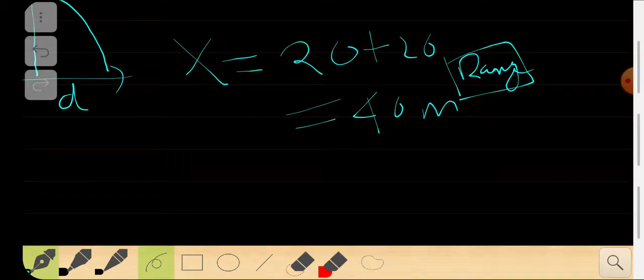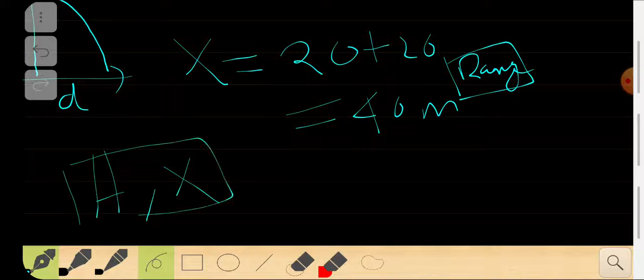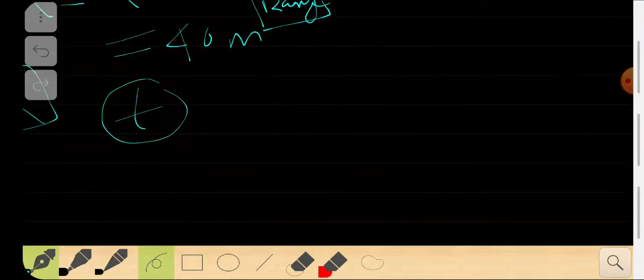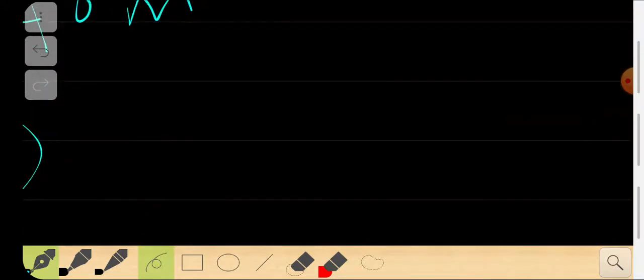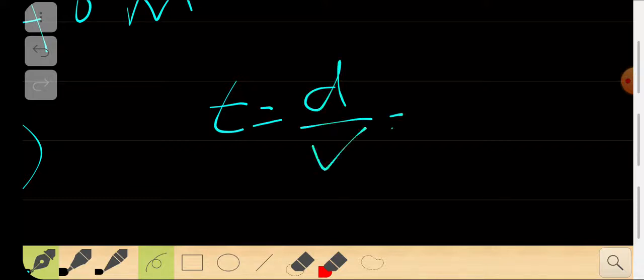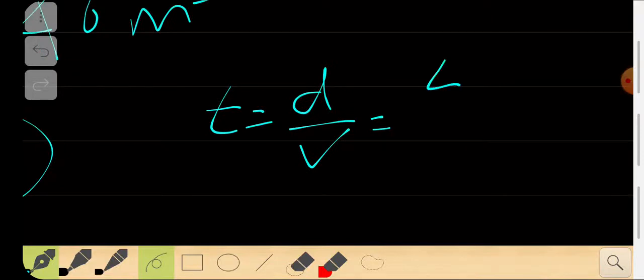Now we have got the height and the range. What remains is the time of flight. In the x-axis, time will be equal to distance by velocity. The distance is just 40 meters, which is the range.